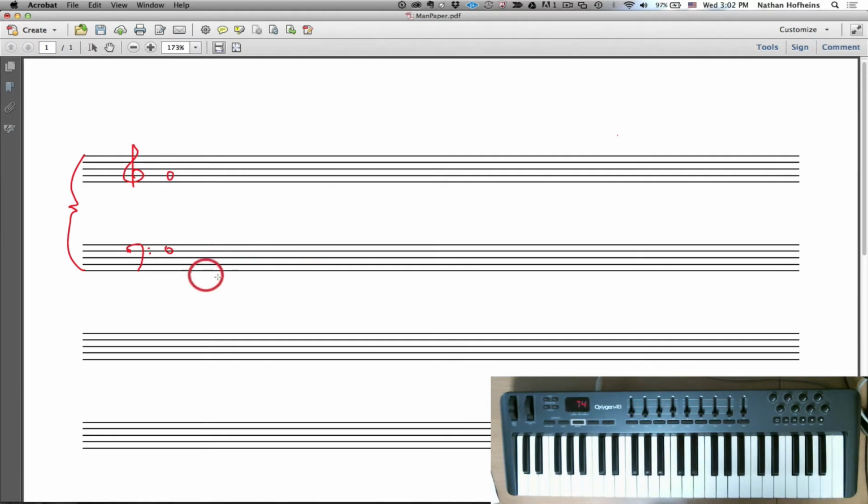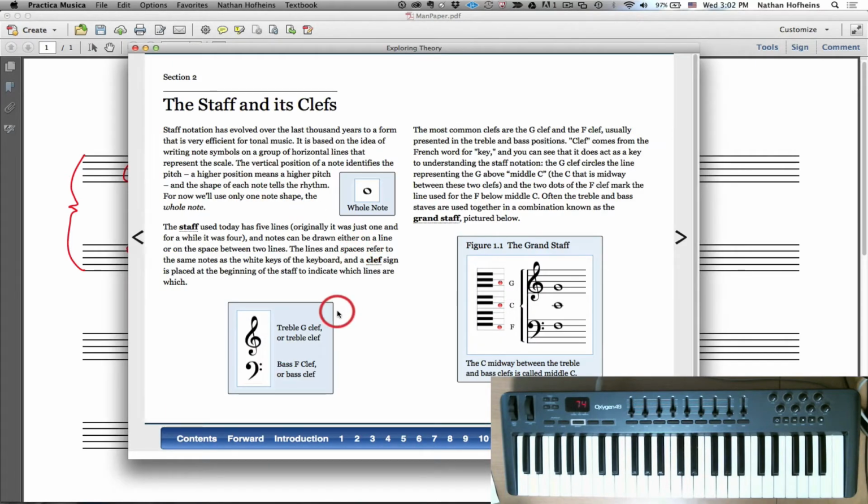They'll have notes written down here, and they'll have notes written up here, lined up vertically, and they read off the grand staff. And so you can see the whole keyboard on both of those staves. Okay, so that's the grand staff.